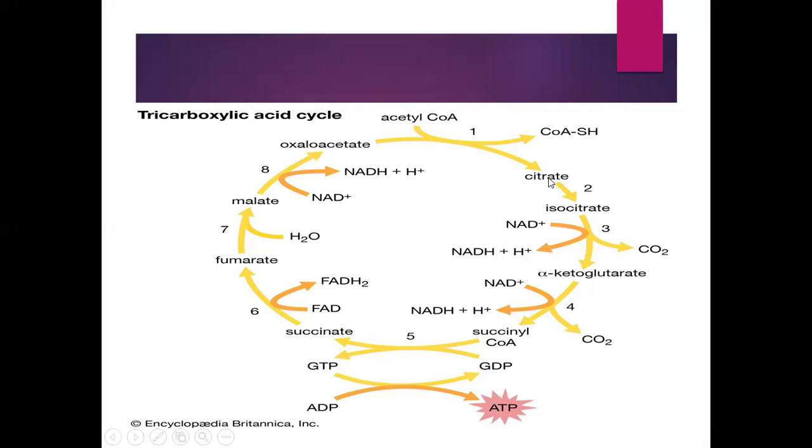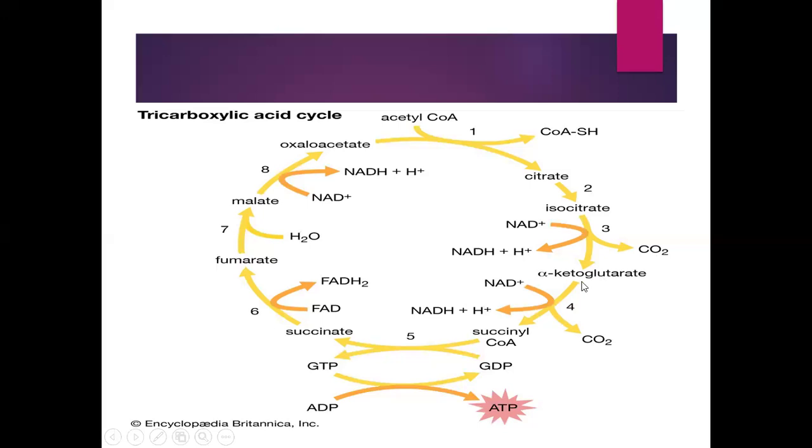Now, citrate undergoes isomerization, like we have seen in the previous slide, to form isocitrate. And isocitrate undergoes oxidation to form alpha ketoglutarate, and NADH is produced with a molecule of carbon dioxide released.